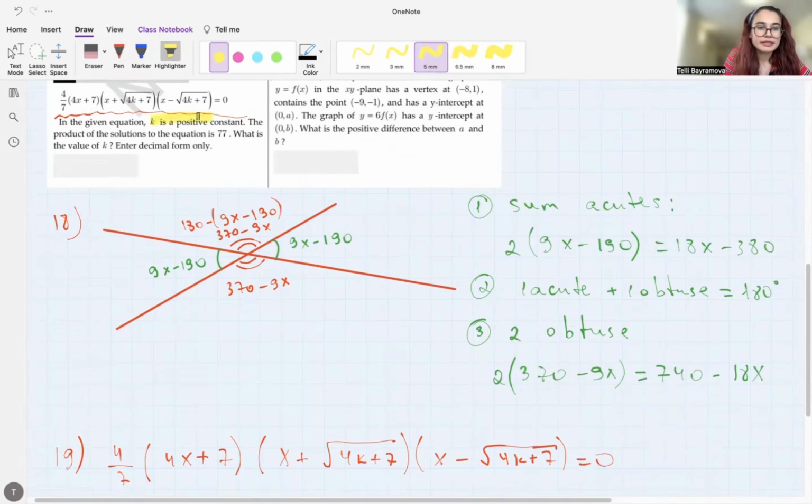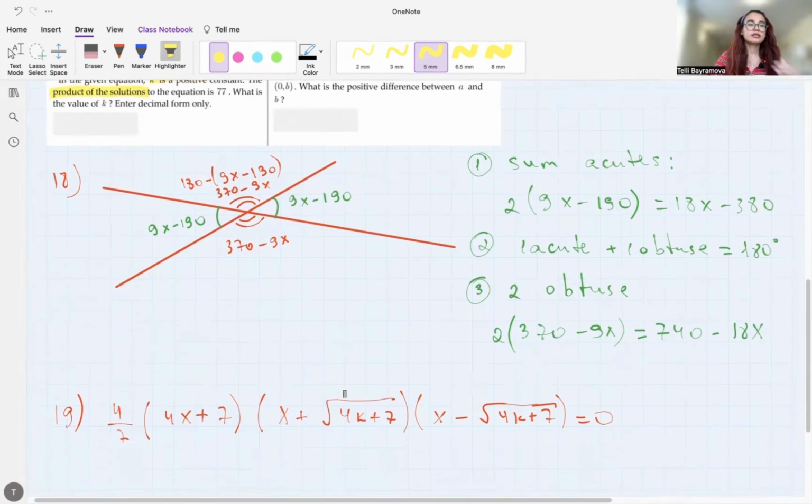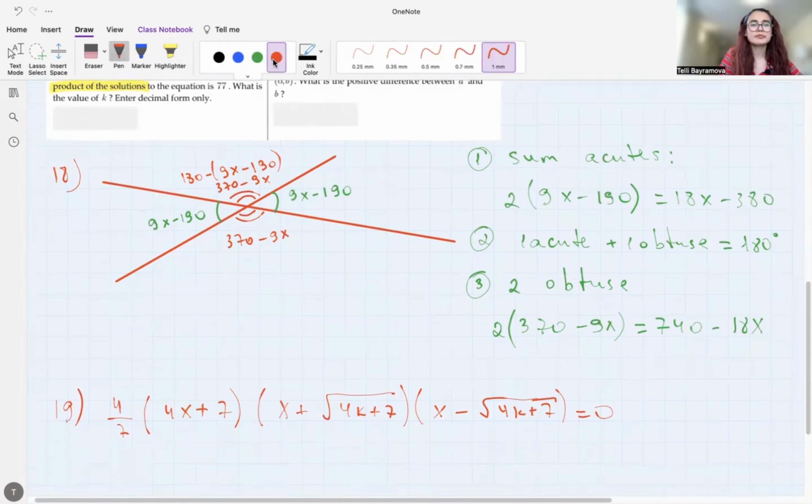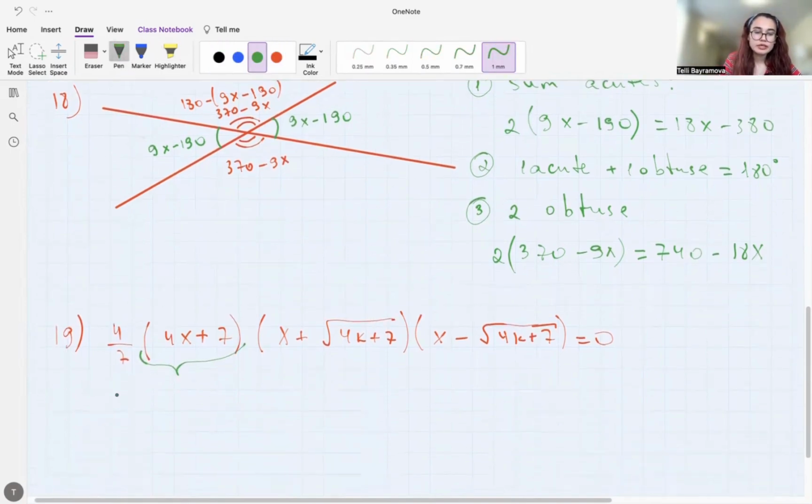K is positive, k is greater than 0. The product of the solutions: what does solution mean? It means x-intercepts or zeros or solutions or roots. The product of the solutions is 77. How many solutions do we have? First one, this: 4x plus 7 has to equal 0, then x will be negative 7 over 4.